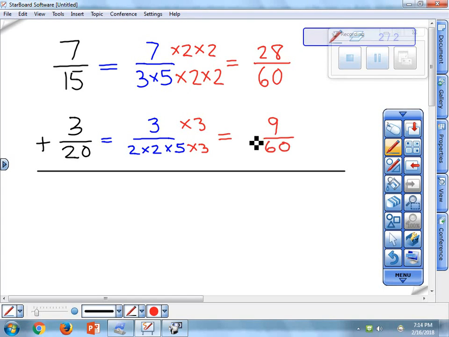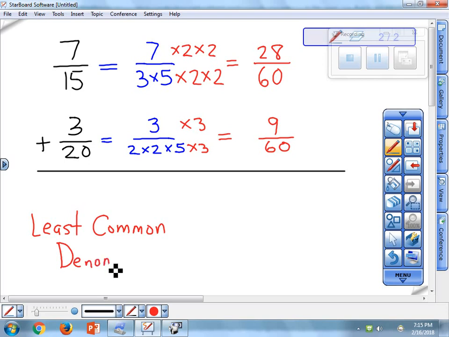Notice what has just happened. By only including the prime factors that were missing from one or the other fraction as my multipliers, I now have the same denominator. And in fact, this denominator has a special name. It's called the least common denominator, and the reason why is because it is the smallest denominator that both 15 and 20 evenly divide into.